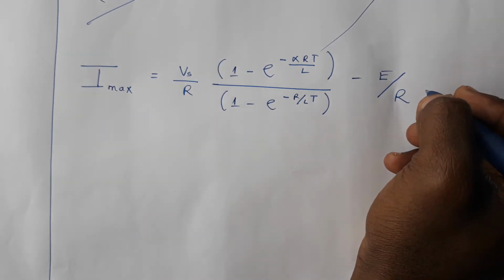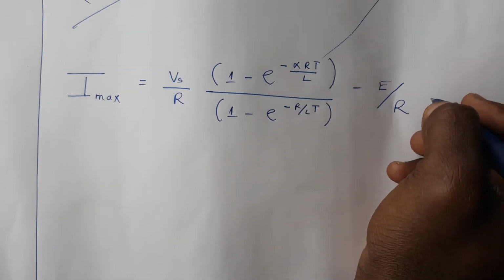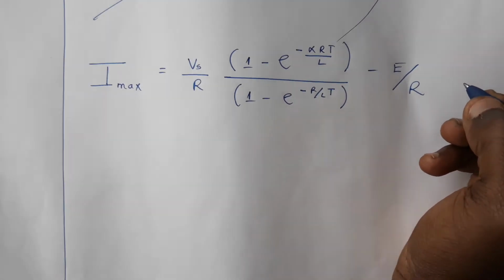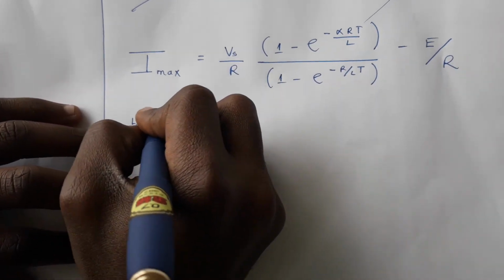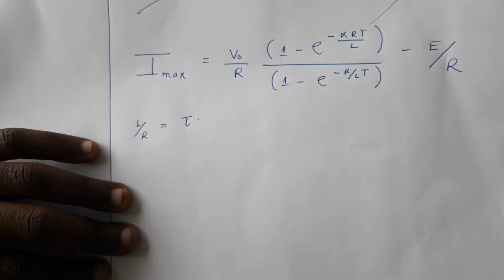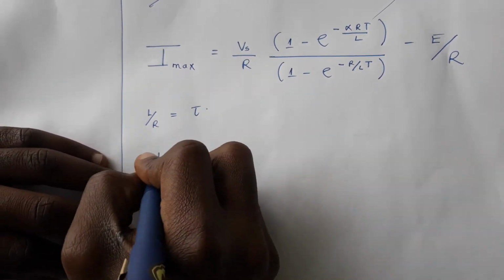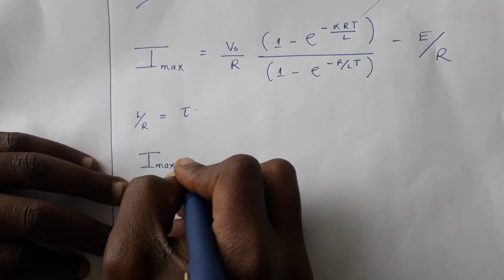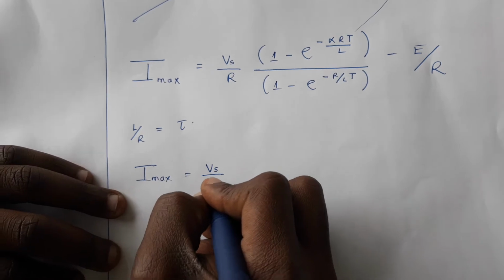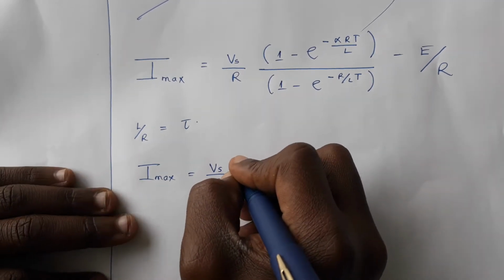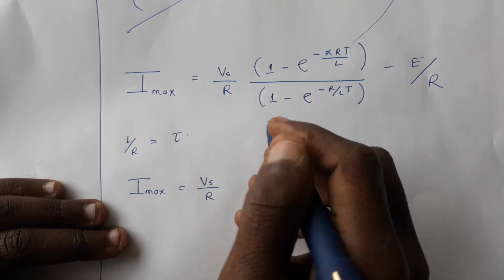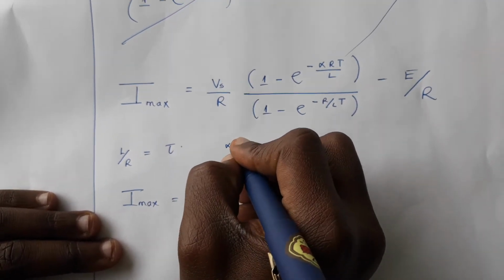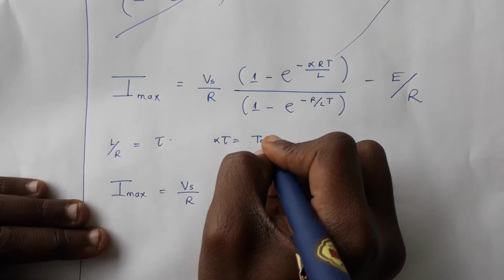Okay, in a similar manner, this expression, okay, different texts. Like yesterday, we said that L over R is equal to tau. Okay, so using this notation, you can say Imax is equal to Vs over R. Okay, and we also know that alpha T is nothing but T on.